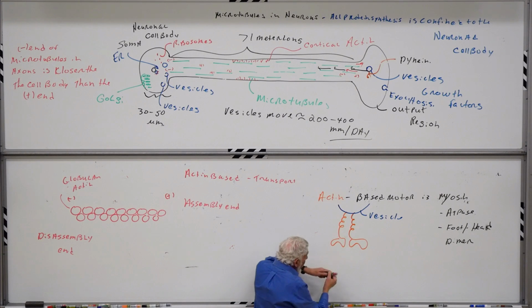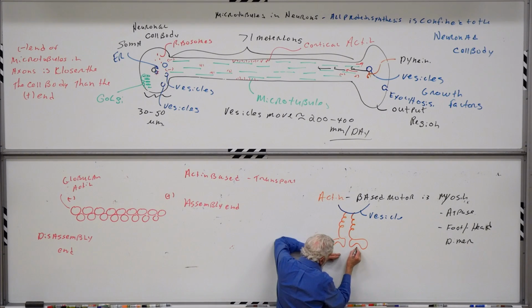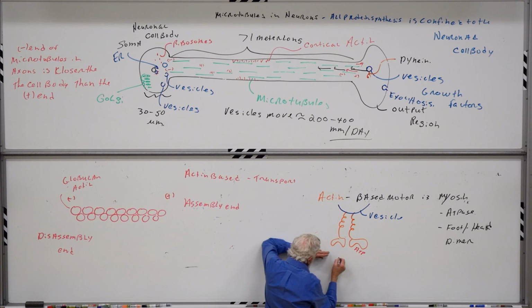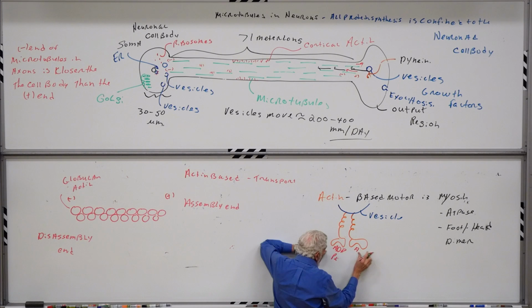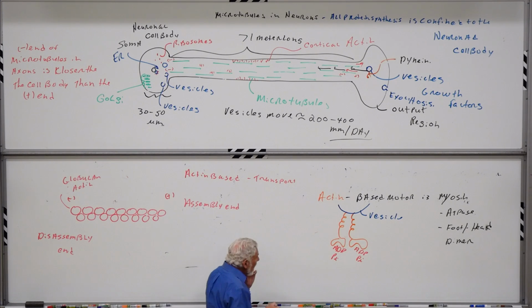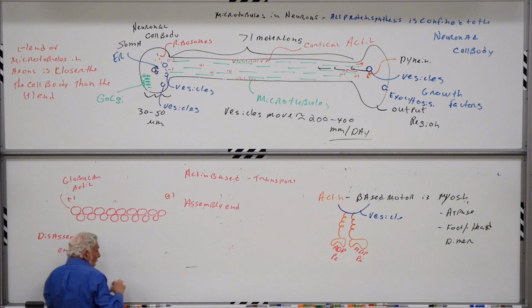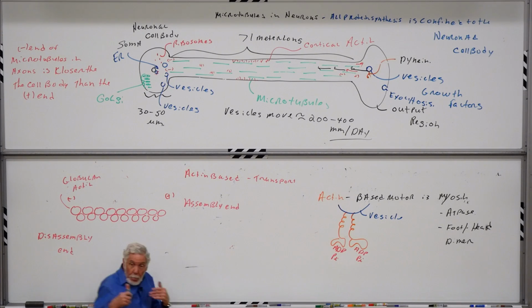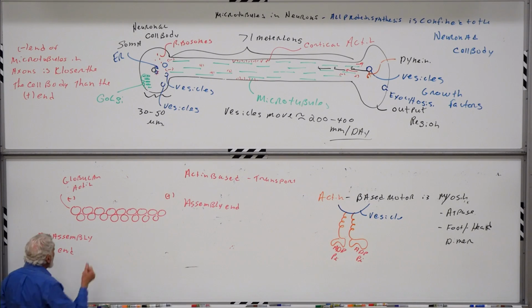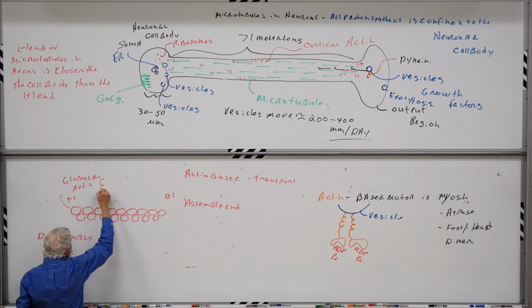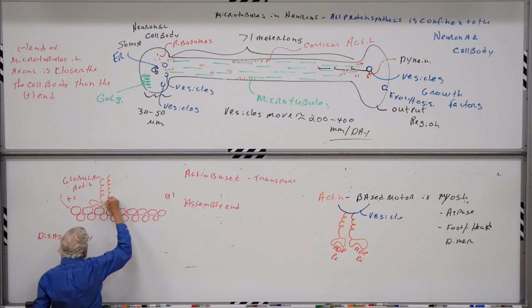As before, the foot, or head, can bind ATP. And as before, it can convert ATP to ADP and inorganic phosphate. And the same pattern pertains. That is, here's the alpha helix, here's the foot, here's the alpha helix, and here's the foot.